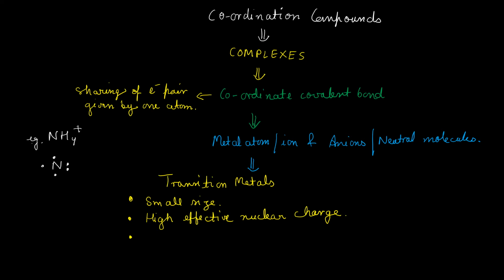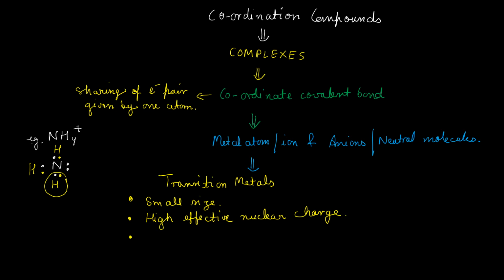Now, 4 hydrogen atoms are there. So first, hydrogen has 1 electron. So this yellow electron belongs to hydrogen like this. So this bond is a normal covalent bond. Why is this normal? Because the shared pair of electrons is contributed by both nitrogen as well as by hydrogen.